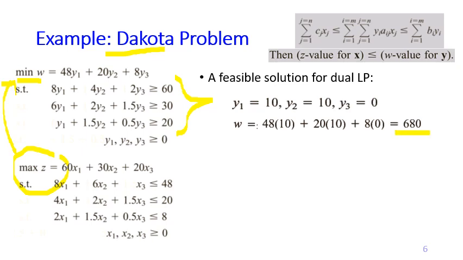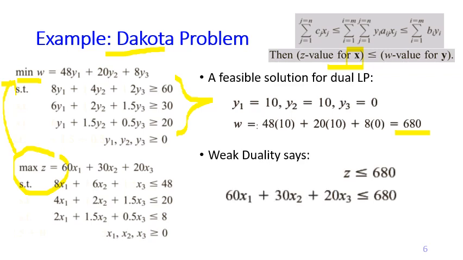We get 680. And then from the lemma of weak duality, we get that the Z value for any x must be less than or equal to 680. In other words, 60x1 plus 30x2 plus 20x3 must be less than or equal to 680.